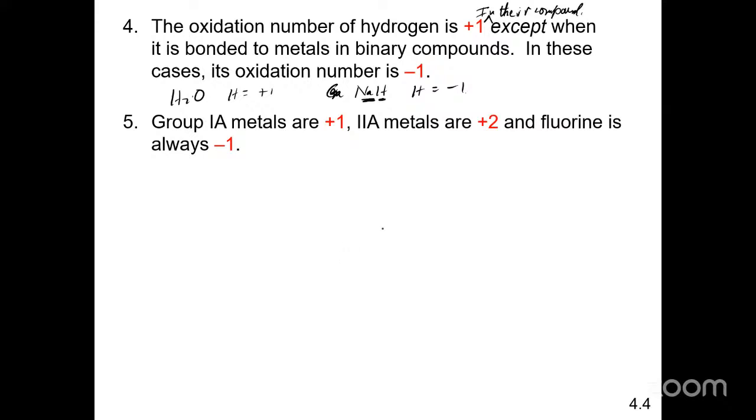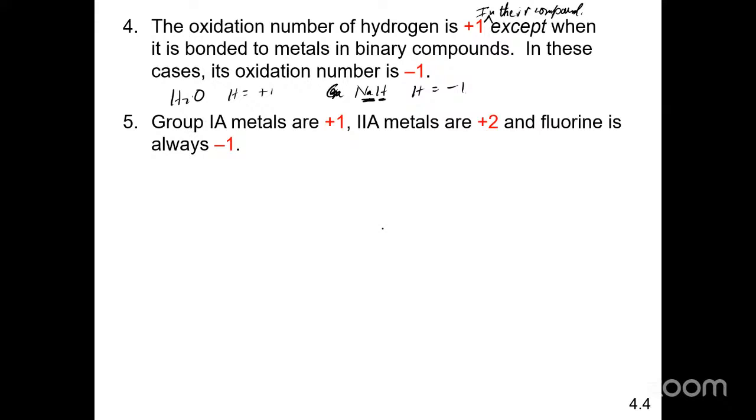So that's rule number 4, specific to hydrogen: +1 in most of their compounds, but -1 if the hydrogen is bonded to a metal. Okay, so that is the 4th rule.